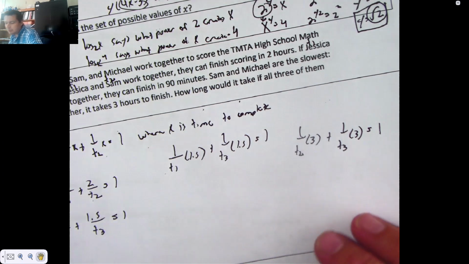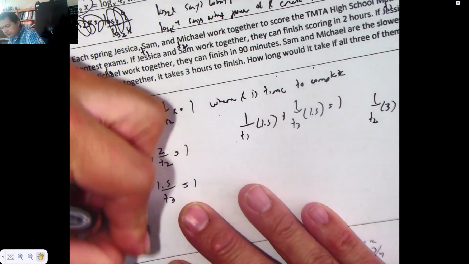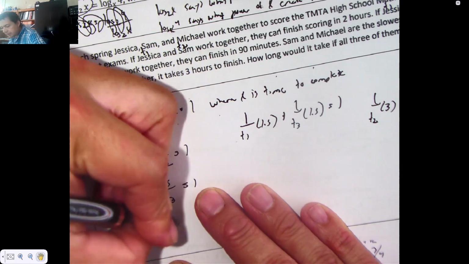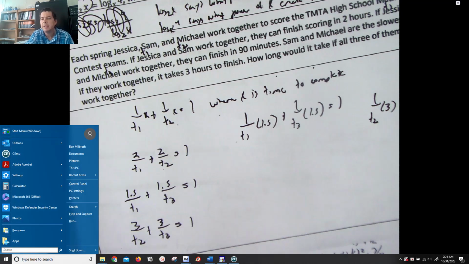Creating systems of equations: 3 over time 2 plus 3 over time 3 is 1. There are my 3 equations that are going to enable me to solve for time 1, time 2, and so forth. Blah. They're horrible. I'm going to take a small break before I finish this one, because my mind is exhausted.